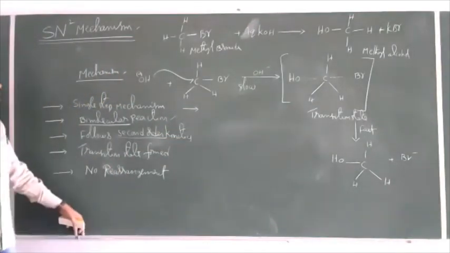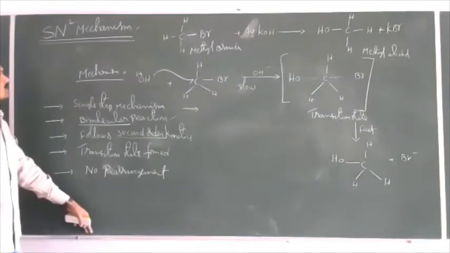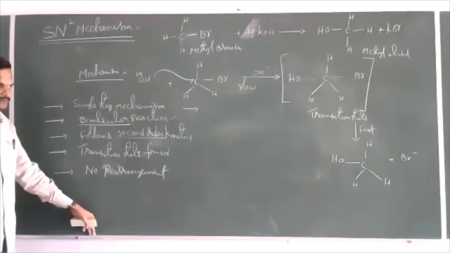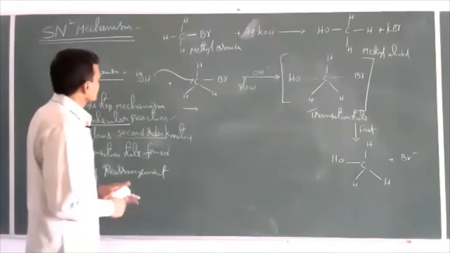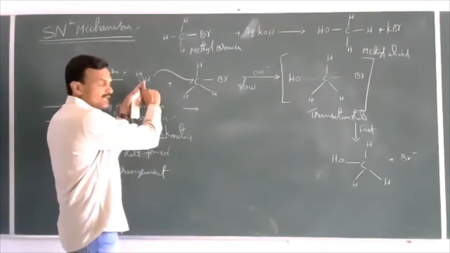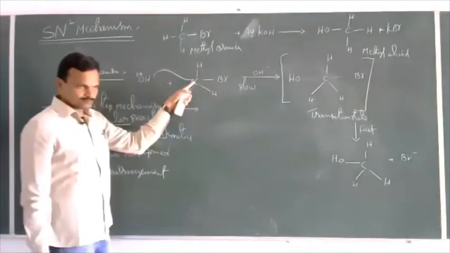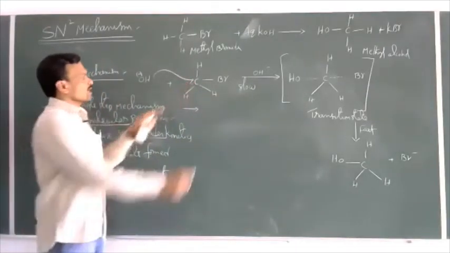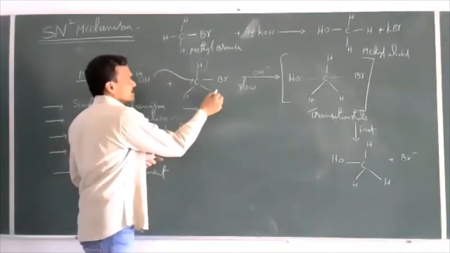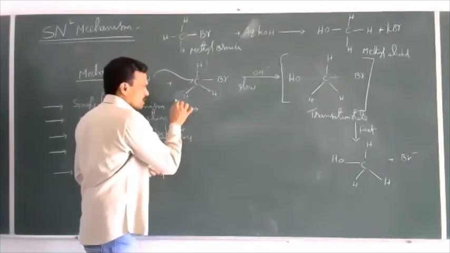And then, what is the order of reactivity for this SN2 mechanism? See here, the OH minus has to attack this carbon where the nucleophile is attached. So here, the groups present are not much bulkier.